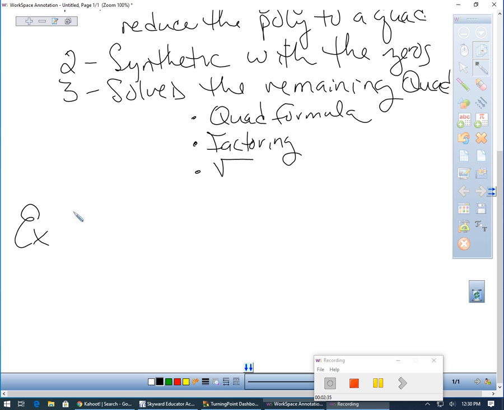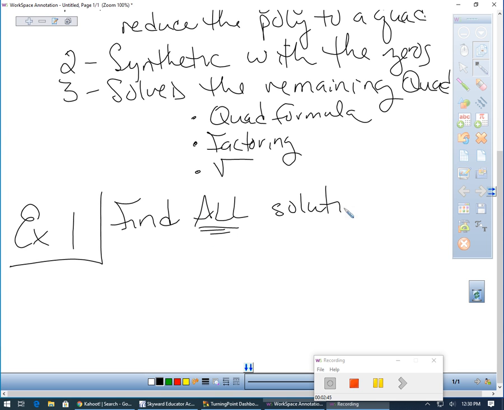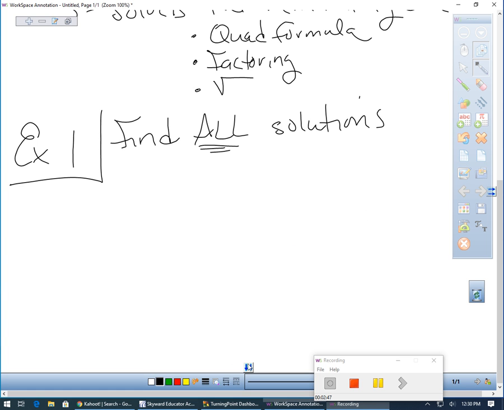So example number 1. Find all solutions. And let's start off with, how about y equals x to the 4th plus x to the 3rd plus 5x squared minus x minus 6.